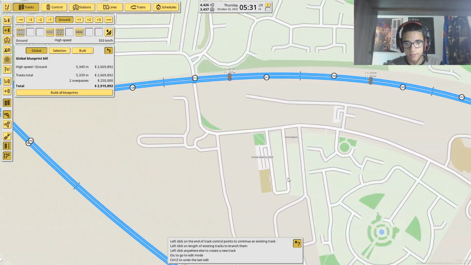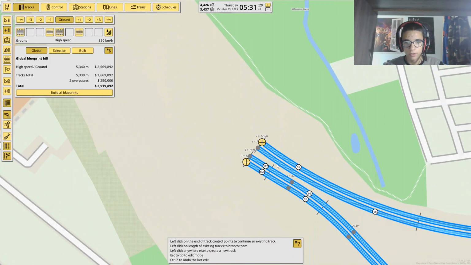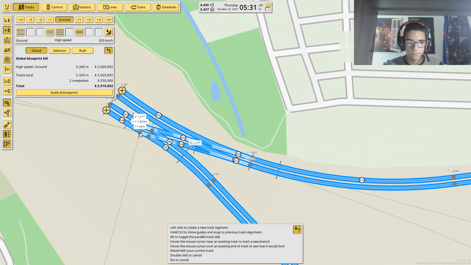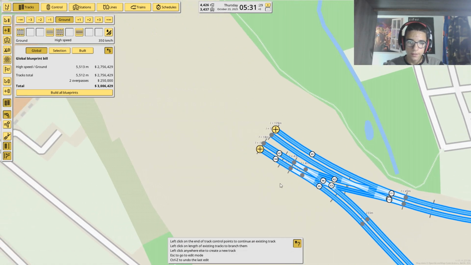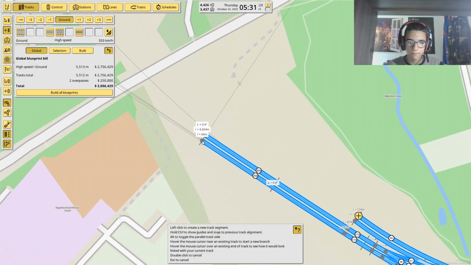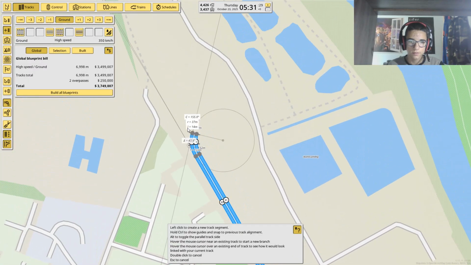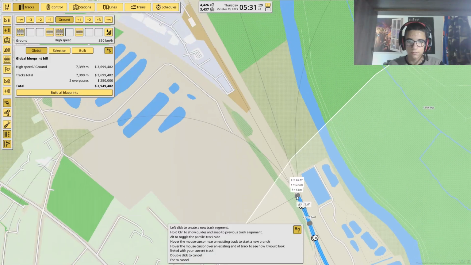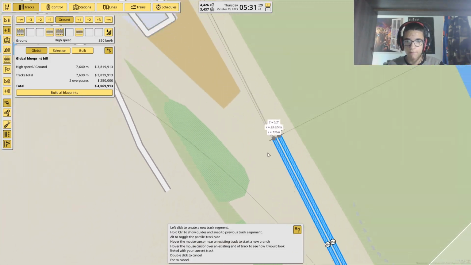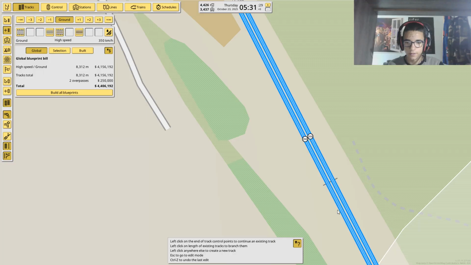So we've done that, and now we're just going to keep going on our line. We're going to branch, join this up, and then this will go on here, and then this is going to be the branch line.